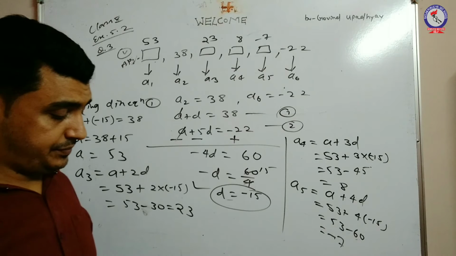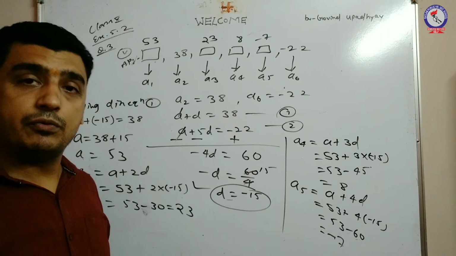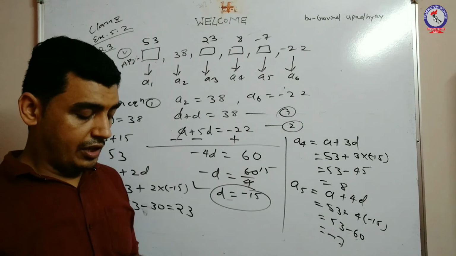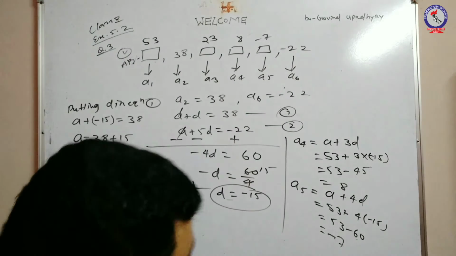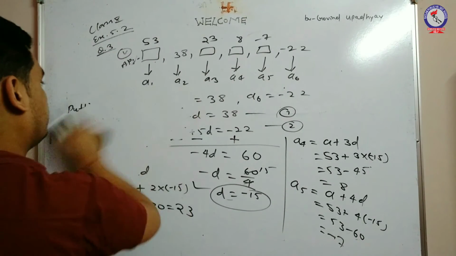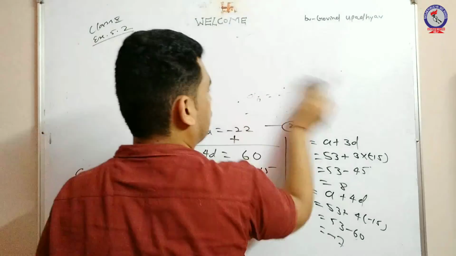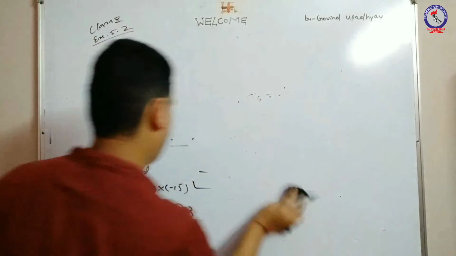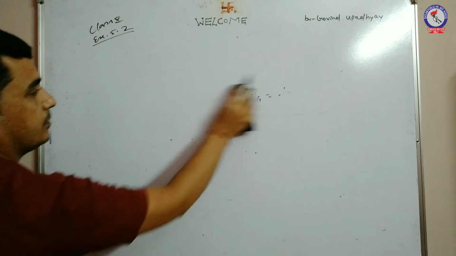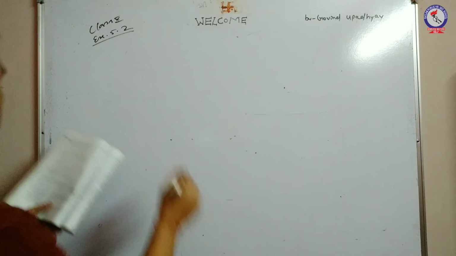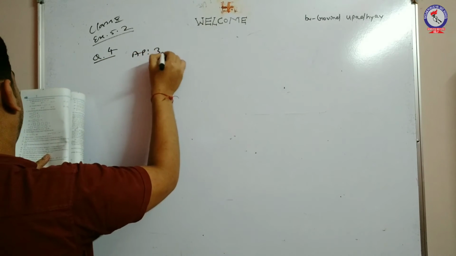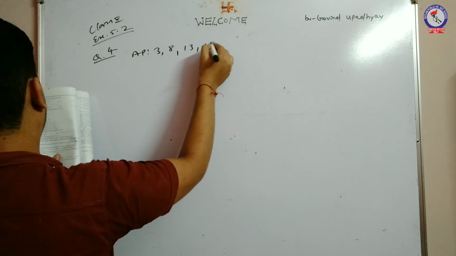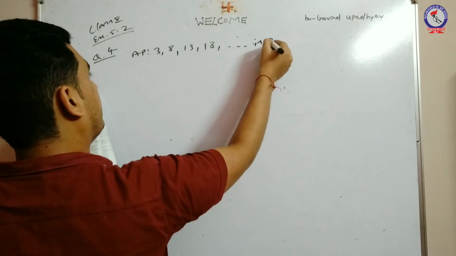Next question, question number 4. Which term of the AP 3, 8, 13, 18 is 78?